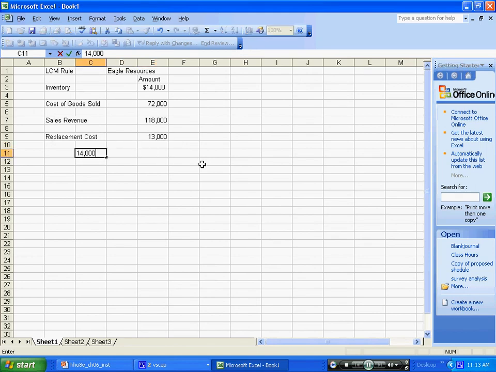So what we will do is compute what the difference in the inventory is. The ending balance was $14,000, but under current market value it's $13,000. So we need to adjust the inventory by $1,000.